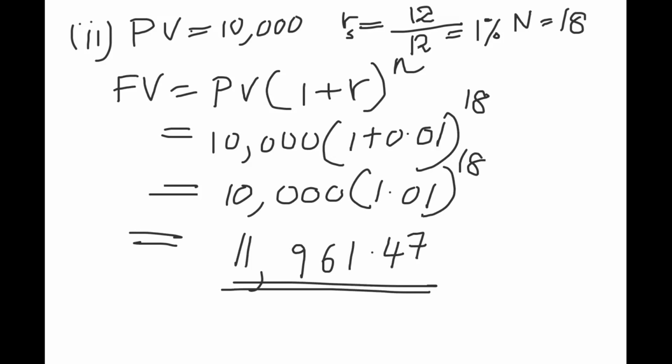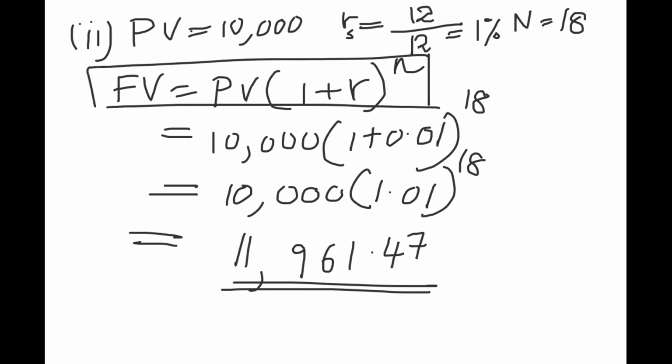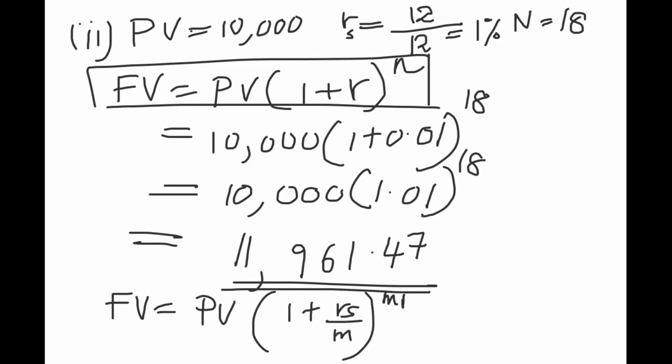However, I'm pretty sure that you might have a doubt about how we can use the same formula here, because we have previously learned a formula for frequency of compounding like this, right?